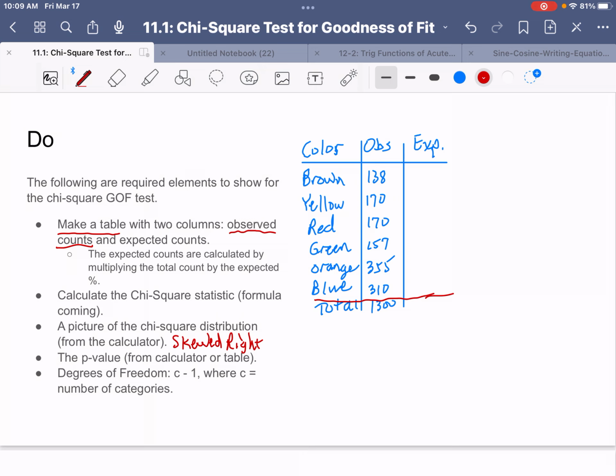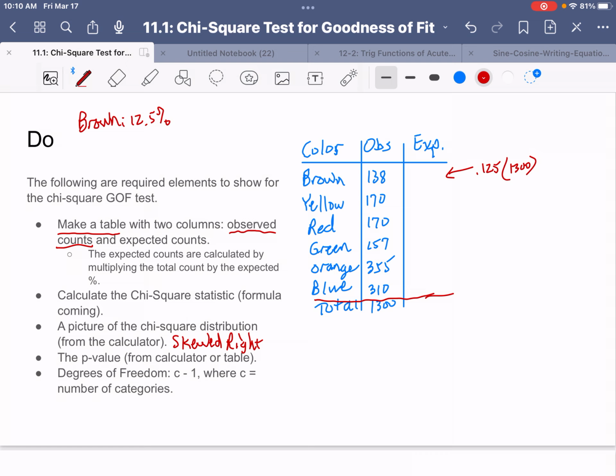Do you remember that the brown claim, don't write this when you're doing a problem formally, was that 12.5% of M&Ms are brown. So how many browns would I have expected? 0.125 times 1,300.